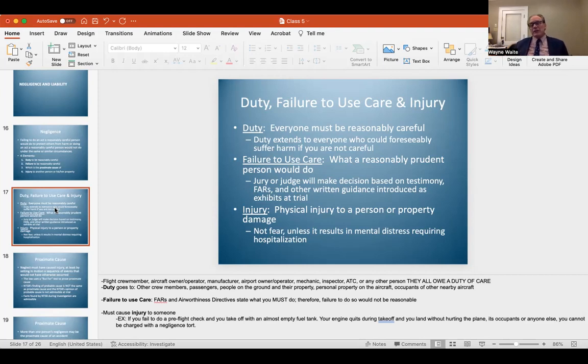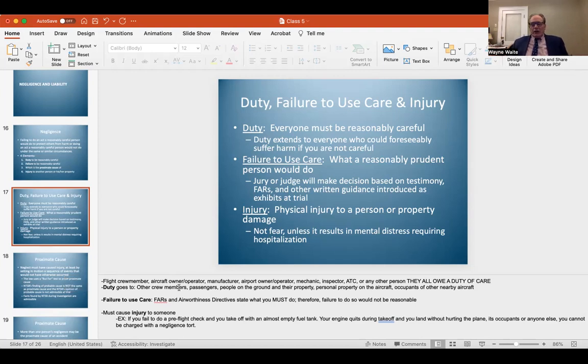In the aviation perspective, it's going to be what the reasonably prudent pilot would do, what the reasonably prudent FBO would do, what the reasonably prudent mechanic would do, what the reasonably prudent airport operator would do, what the reasonably prudent dispatcher, air traffic controller, or so forth would do. Injury, it is physical to a person or property, not fear, unless it results in significant medical distress requiring hospitalization. I don't think the hospitalization, I disagree with that, no, but unless it's serious.